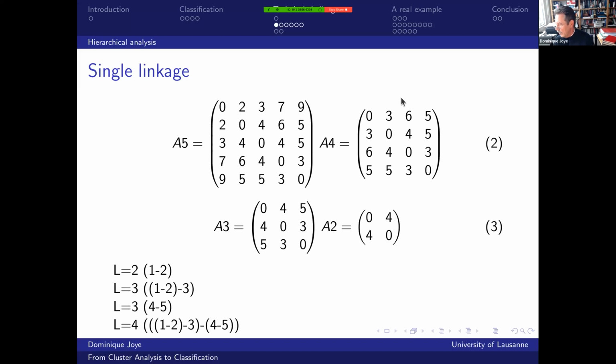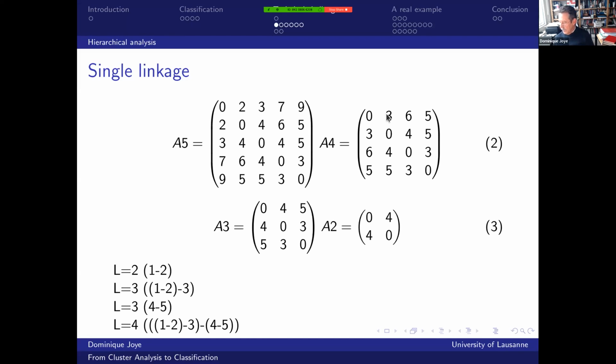And I have the 3, 4, and 5, which are the second, third, and fourth object in my matrix. Okay? And I can do the same for the next step. The smallest number in my table here is 3. Between object 1, 2 and object 3, I have a distance of 3. I put them together and do the same and so on.